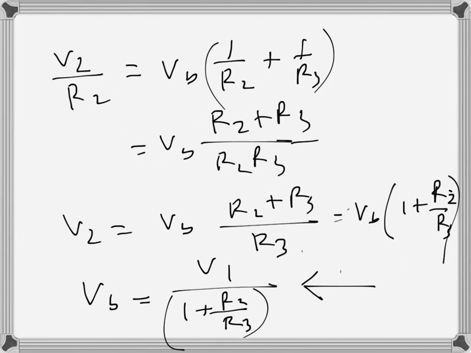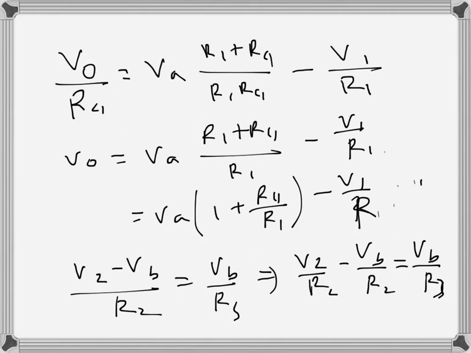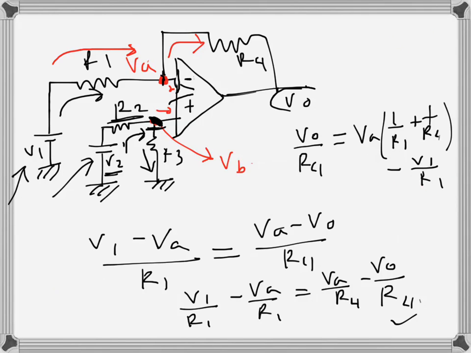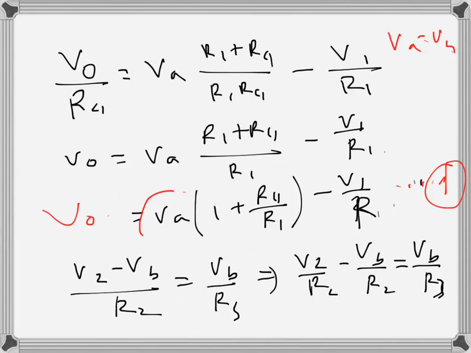I have found the expression for VB, and I will substitute it into the first equation for V naught. Now we know that VA is equal to VB because there is no voltage drop between the two terminals.